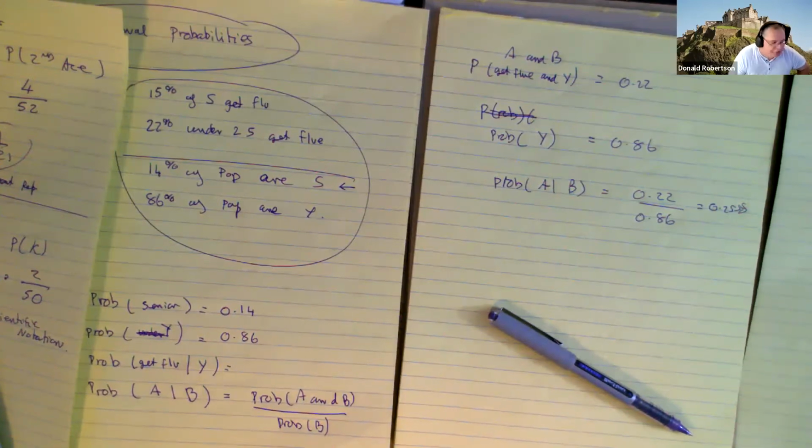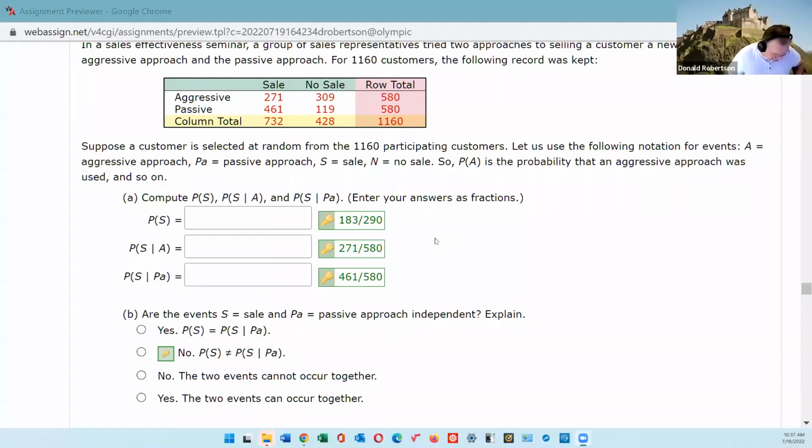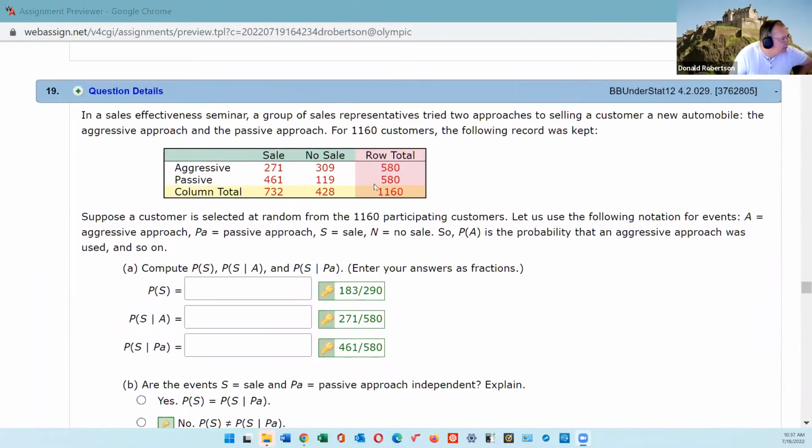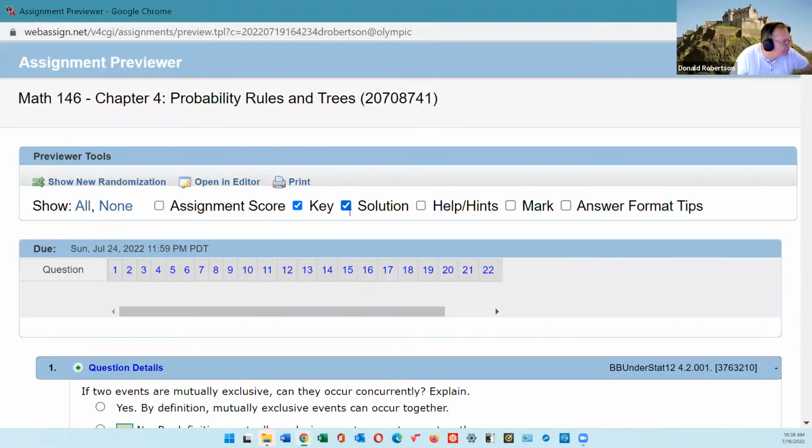Right, next question we're going to do is from a table, which is actually the more common version of this. And actually it's a lot easier as well. Here we have a table where they've got a whole load of information. Oh, I don't want the answers. Go away, answers.